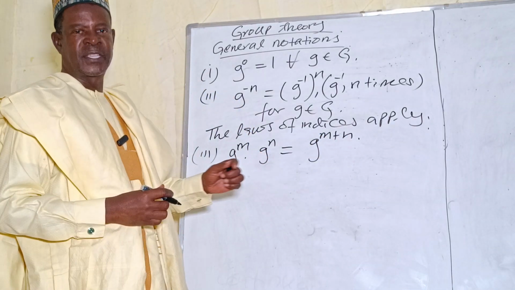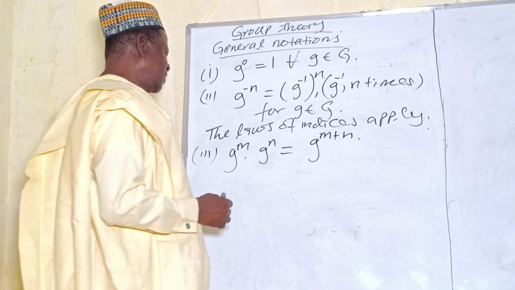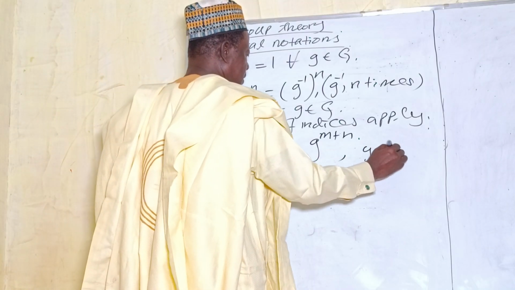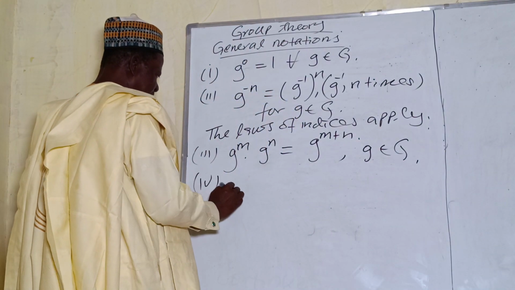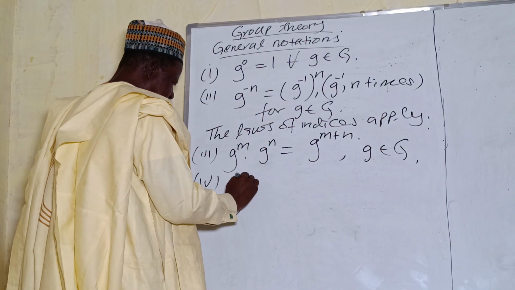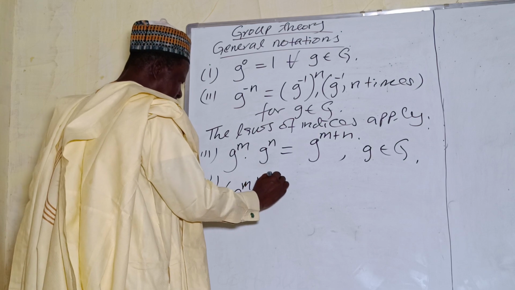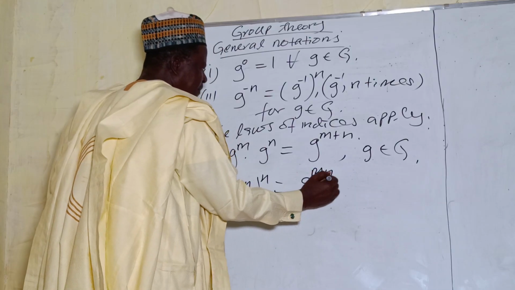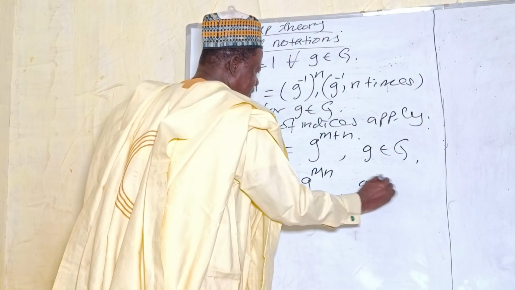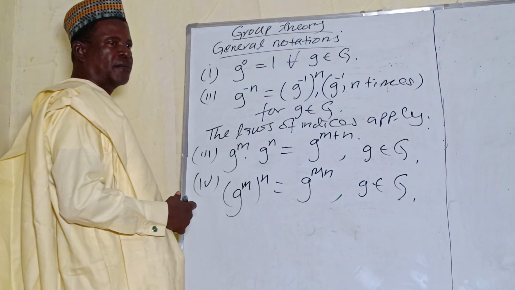So the law of indices for exponents actually applies in group theory, okay, for g an element of the group. And also fourthly, g raised to power m, raised to power n, we can write this as g raised to power mn for g an element of the group, okay.